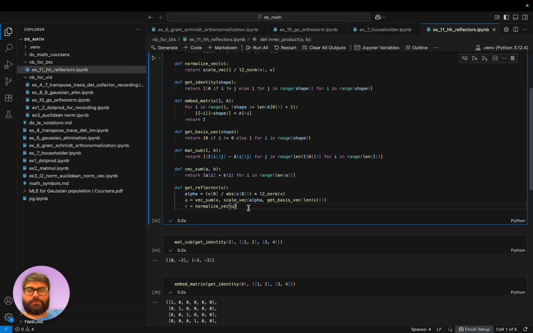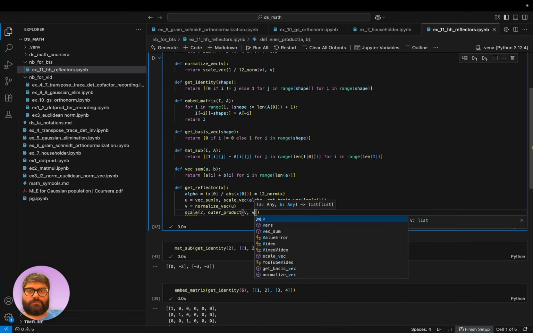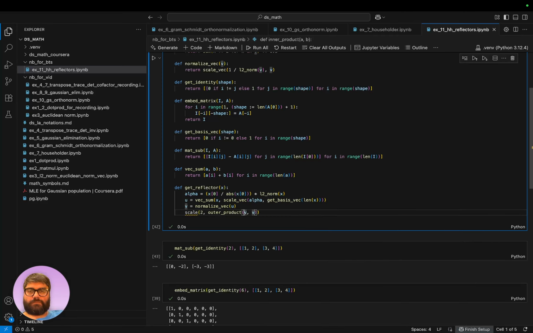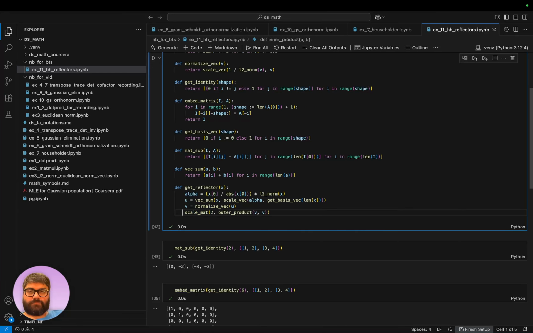And then I need scale to outer product v comma v. Scale mat. And then we mat sub I minus that, right? Yep. Get identity.